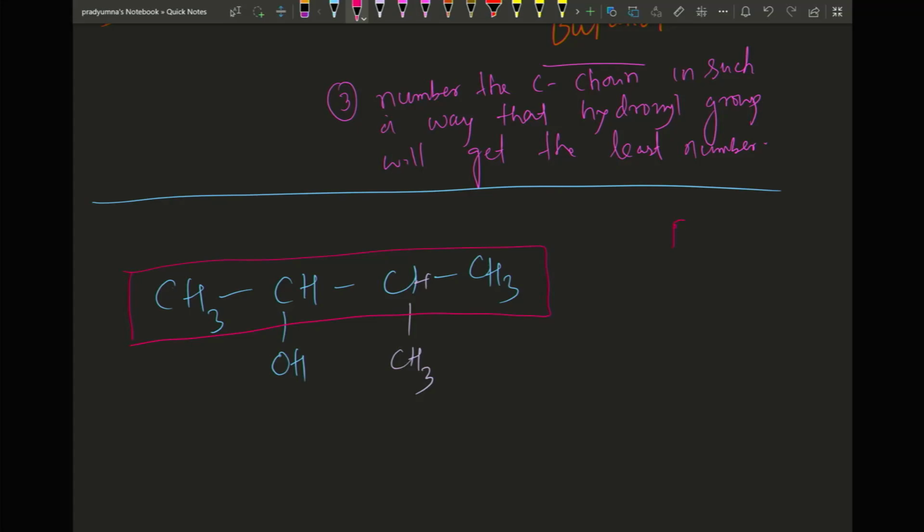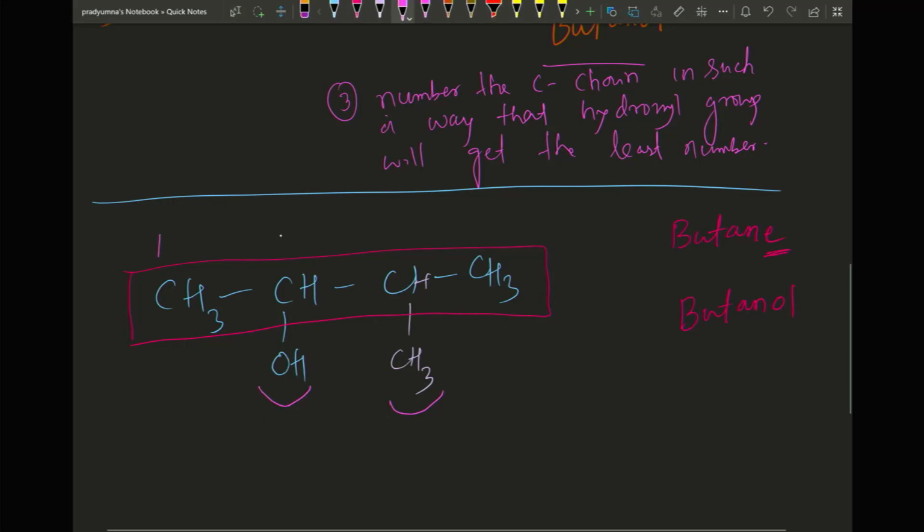The longest chain parent name should be butane. Then the last E would be replaced by ol, so it's going to be butanol. Then your goal is to give the hydroxy group the least number, so the hydroxy group gets the highest priority. We have two substituents here, this and this, but the hydroxy group belongs to the parent name, so this one gets high priority.